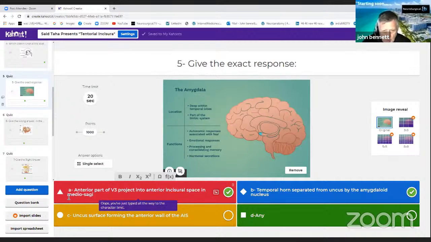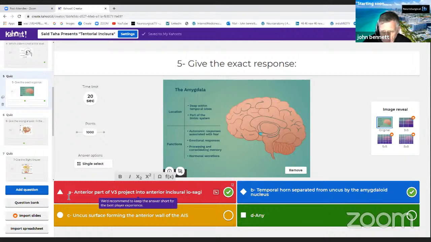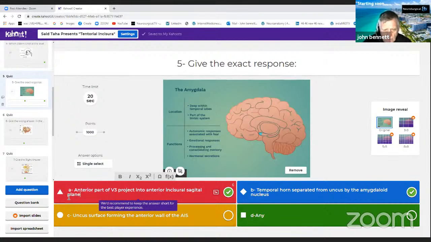Yeah, I know what you mean, sometimes you can't use this. Sagittal plane. Is that okay? Okay, thanks.